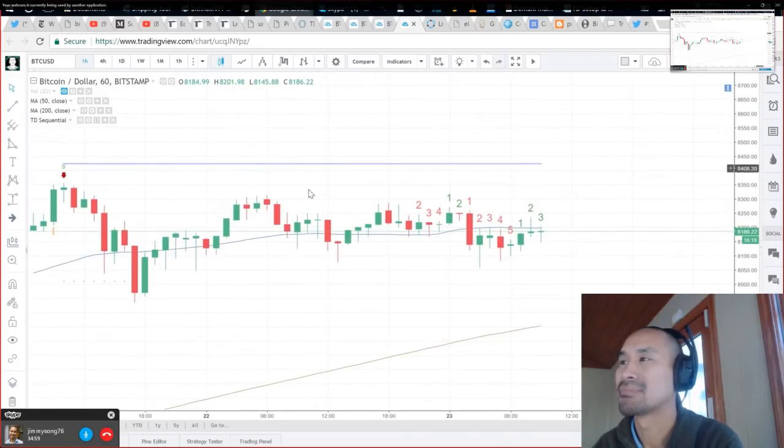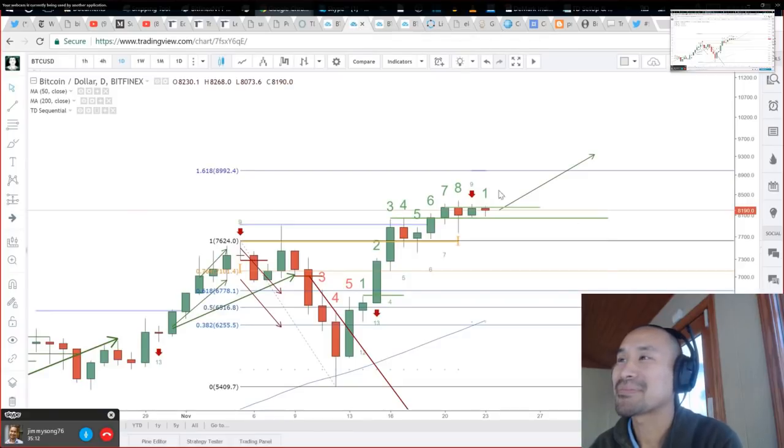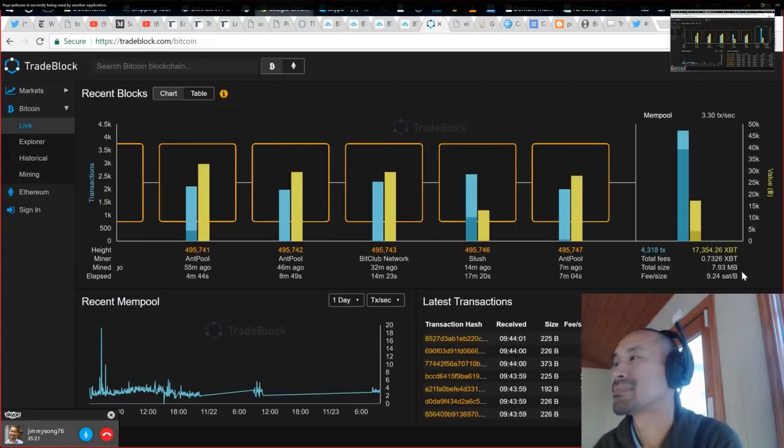Let's see if we can get over this 83.50, and then we can probably be off to the races for one more push higher. My only other target is this Fibonacci extension line just below 9,000. So that's about it. And mempool is looking nice, down to below 8 megabytes.